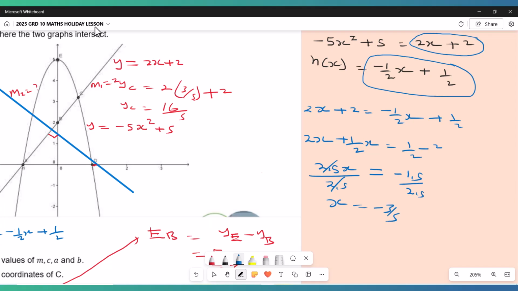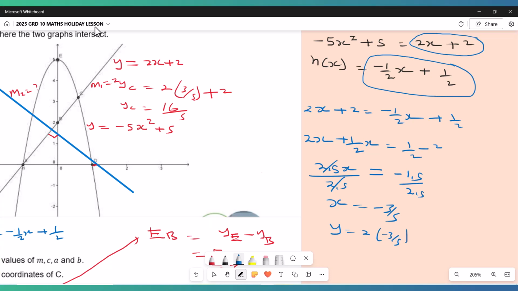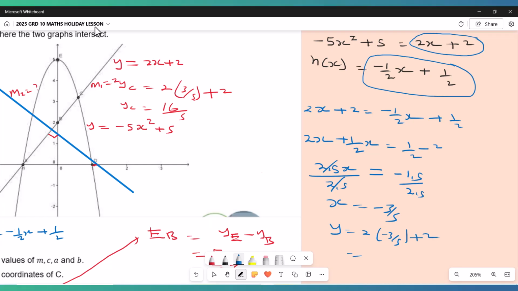So to get my y, I come back to the first function here. I'm going to say equals 2 into negative 3 over 5, then plus 2. So with my calculator here, I get my answer as 4 over 5.